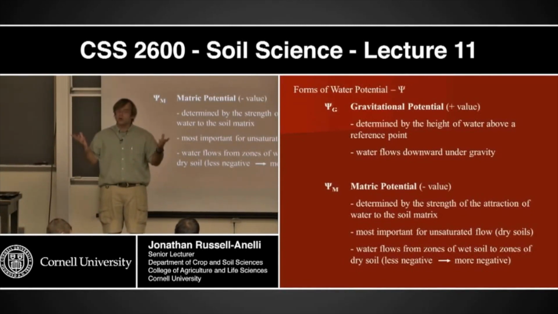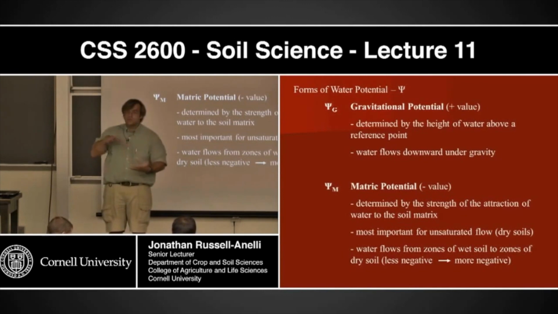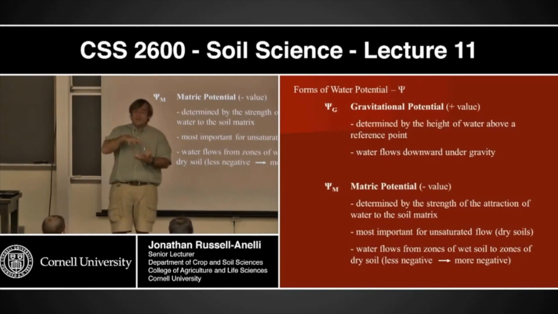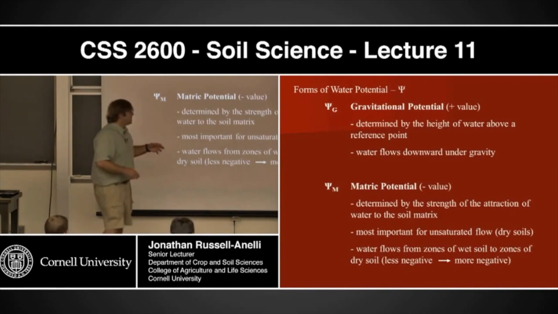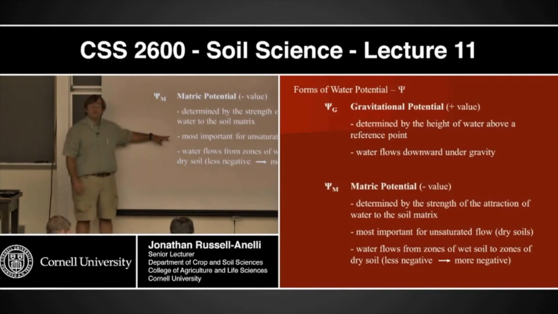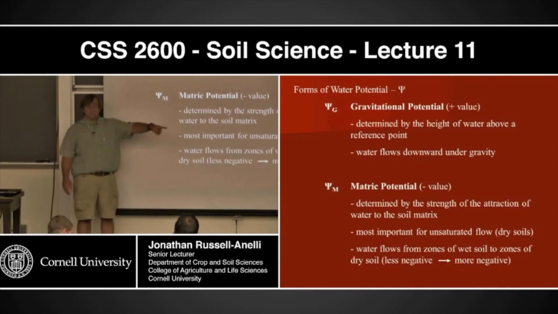Okay, I've got a sponge with big holes versus a sponge with small holes. Which sponge is going to hold more water against gravity? Small, because it's got more capillary action. It's got more surface area for that water to be attracted to, and that water attraction then holding all the other water. Okay? It's the most important flow when we're talking about unsaturated flow, when the system is drier. It's not saturated like that sponge is at this point.